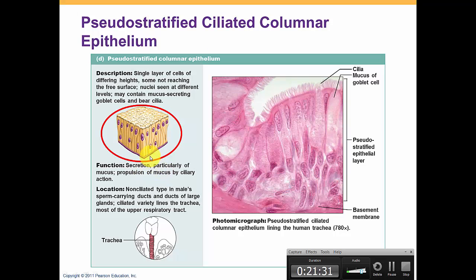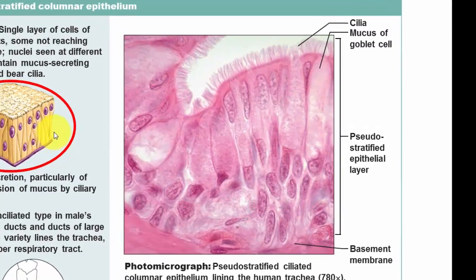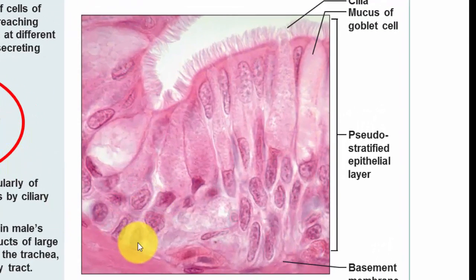So let's see this one. Why is it called pseudostratified? Well, because under the microscope you cannot see the lines between the cells. So you actually look only at the nuclei to determine if there is a cell at this point or not.